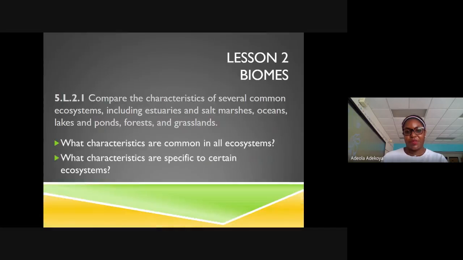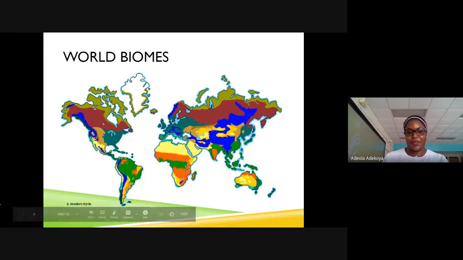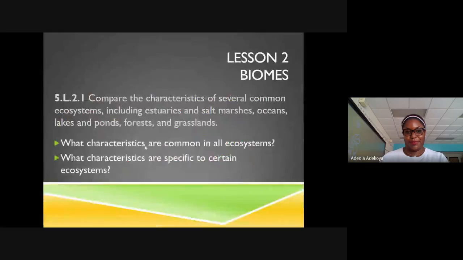So here are the world's different biomes, all right? And you can see they're color-coded. And over the next week, we're going to go ahead and cover the different biomes of the world.